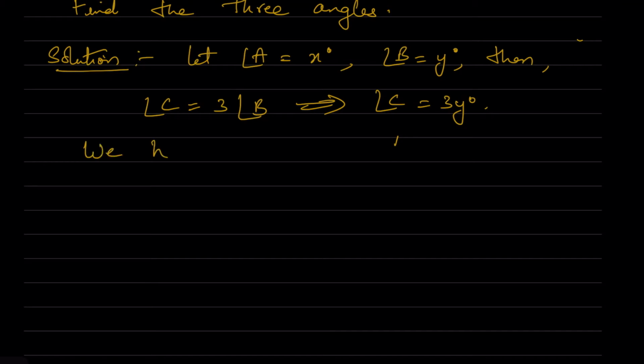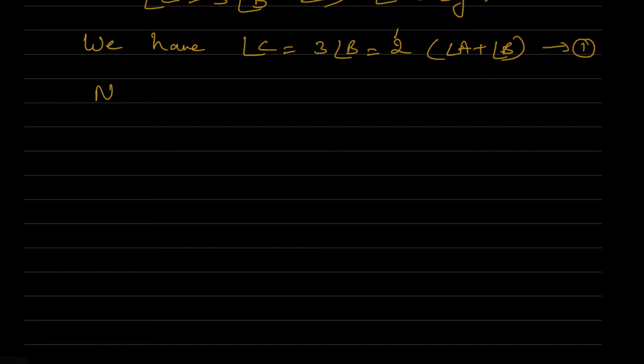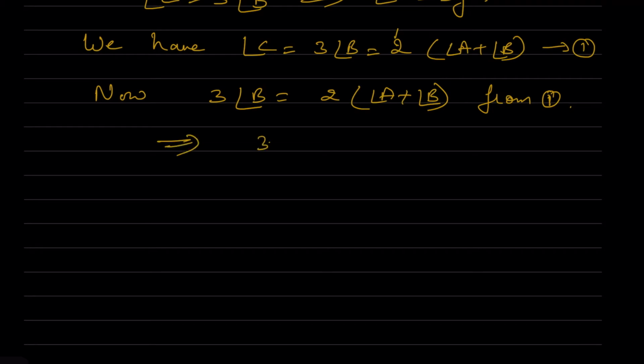So you are having now, we know that sum of all the angles, but we also have that 3 angle B is equal to 2 into angle A plus angle B. So angle C can be written as 2 into angle A plus angle B. So that is 3y is equal to 2 into x plus y.